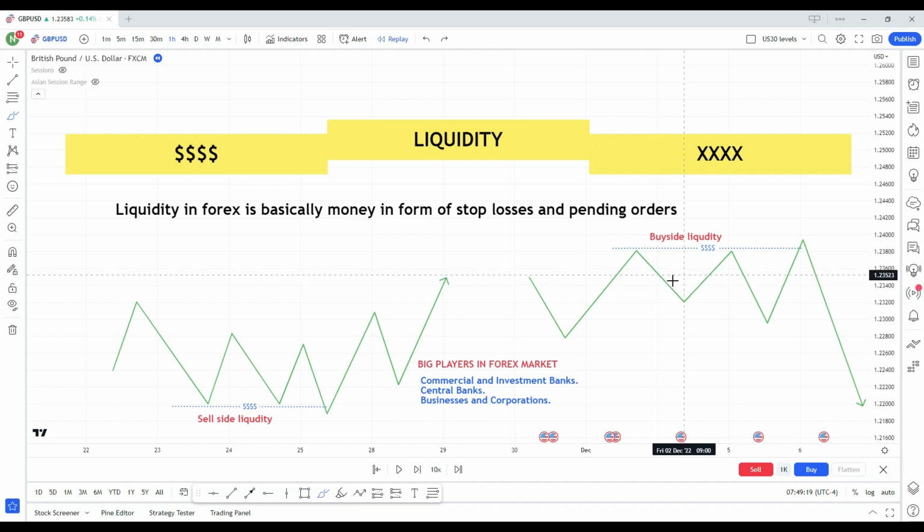On the sell side as well, they take a false move to the upside to hit all the stop losses of the sellers, and then they take a big sell downside.